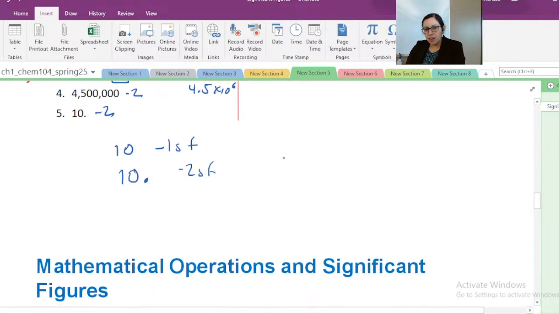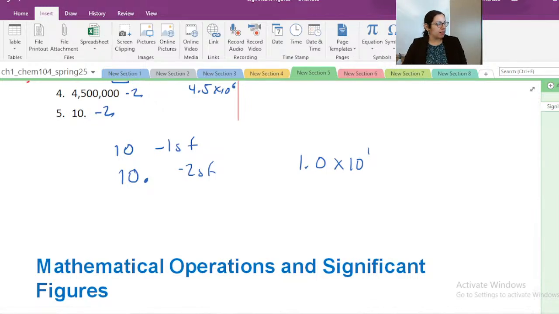But I'd probably say go ahead and rewrite it as 1 times 10 to the 1. Seems a little silly, but at least you can clearly see, okay, I have 2 sig figs. Versus this, where you're like, I'm not sure if we're ending a sentence or if they're trying to show me it's significant. You probably won't see this too often, but just in case, be aware of that.